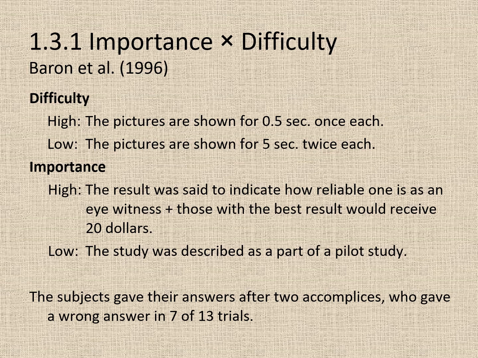It indicates reliability. And also, those subjects are told that there is a possible monetary award: those with the best result get $20. So, that's the manipulation of importance here. We have three persons telling their answers, and the real subject is together with two fake subjects, two accomplices, and the accomplices give the wrong answer in 7 of 13 trials.